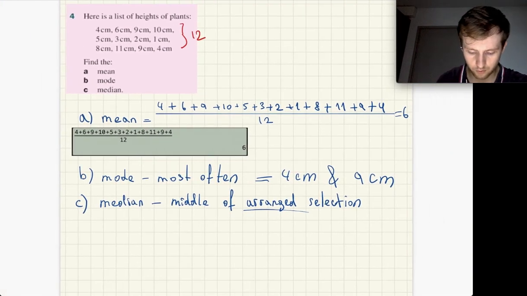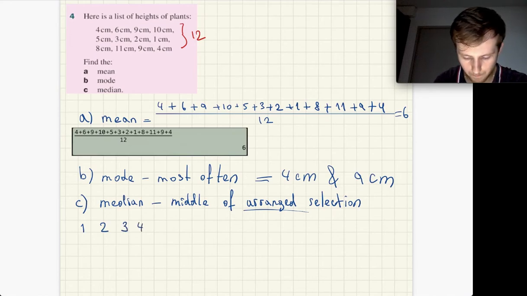So the smallest one is 1. Then we have 2 in here. How should I write them? Then we have 3, right? We have 1, 2, 3. And then we have 2 4s, actually. Is there a 5 in here?